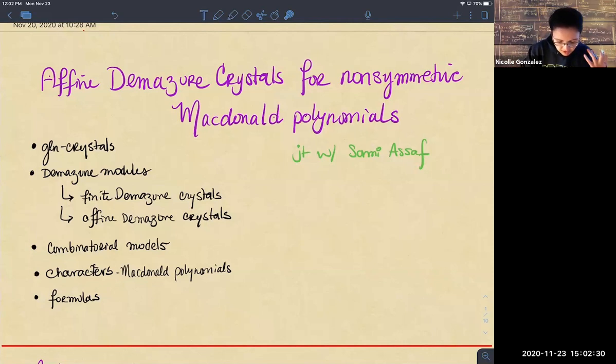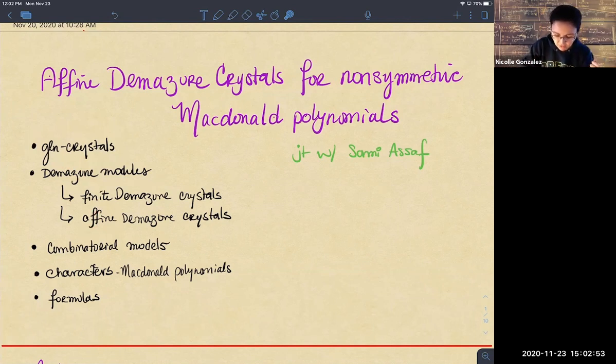Basically, what I'm going to tell you about at the beginning is a little bit of background on GLN crystals, so that if you're not familiar with crystals, you have an idea what it's about. Then I'll specialize this down to Demazure modules, and tell you what a Demazure crystal is, both in the finite and in the affine case.